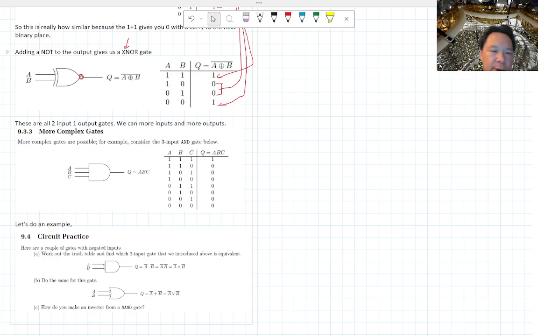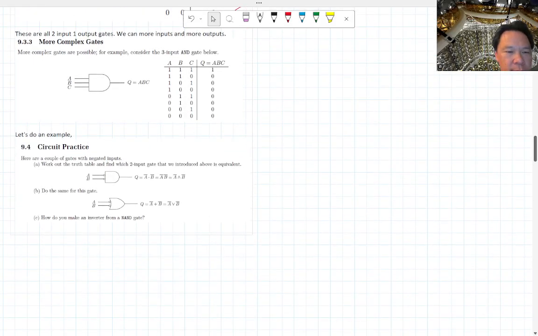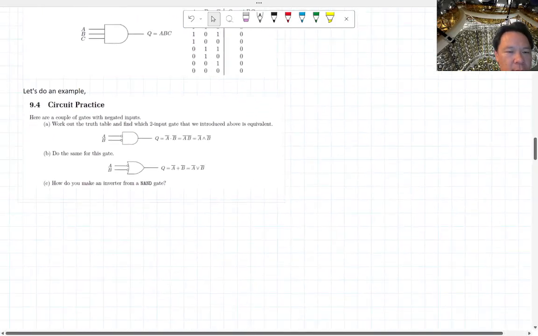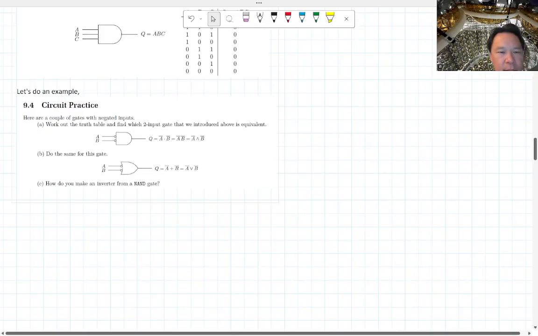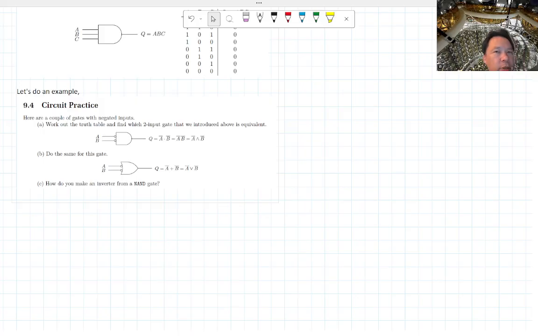Okay. So let's do a quick example and see how these gates get coupled together if you were to change some stuff around, and how you would build something like this. This first one here is an AND symbol, but instead of putting the NOT at the end of it, it puts it at the beginning.